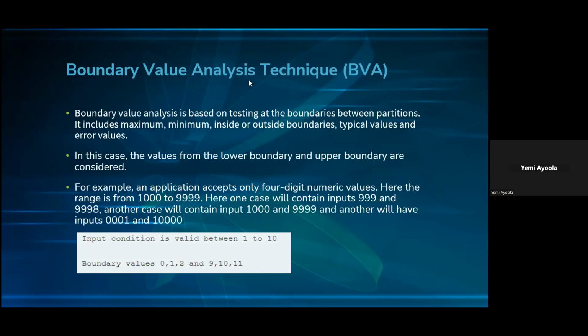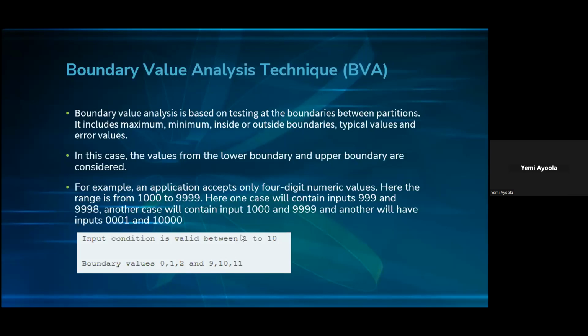So with this boundary, our expectation is that with that big number, don't forget this first line. I said when you're doing BVA, it includes maximum, minimum, inside, outside the boundaries. So for the boundaries that we want to test, my input condition, my test case here is 1 to 10.